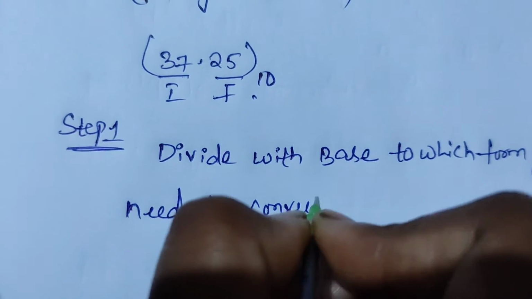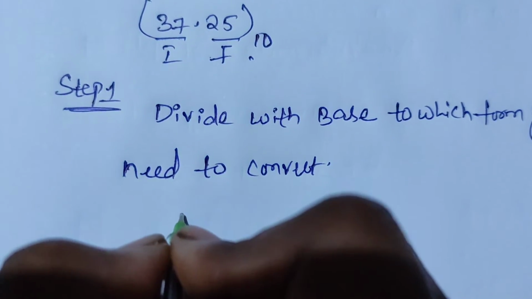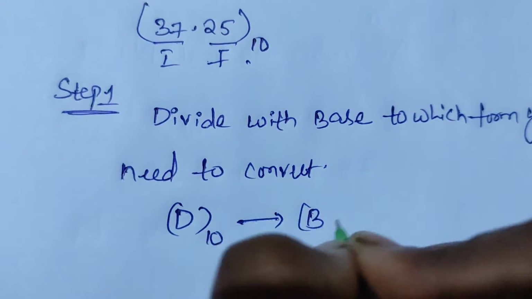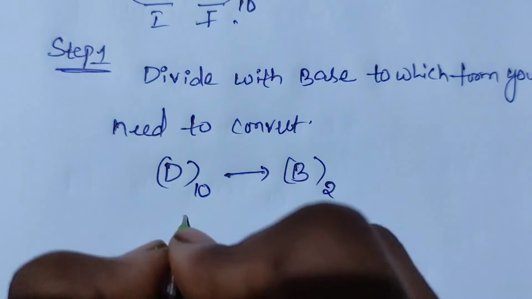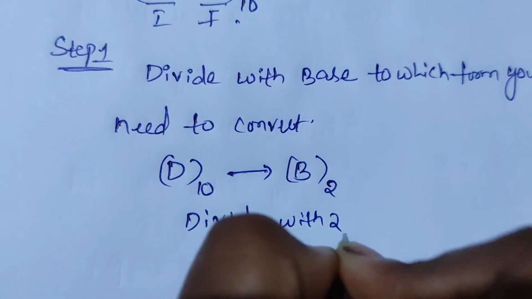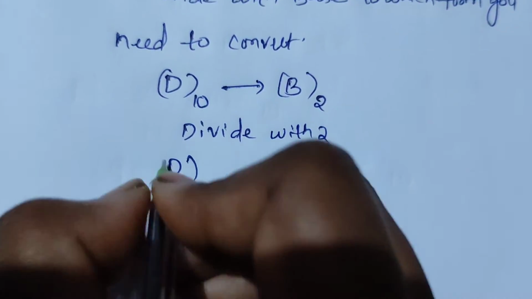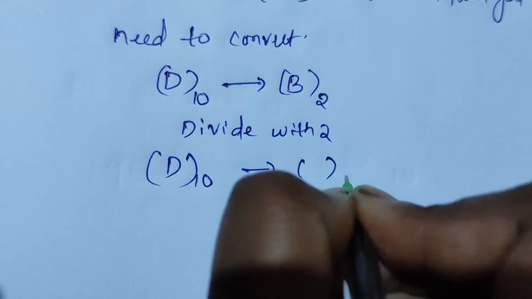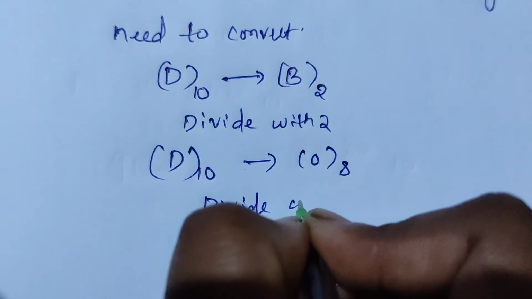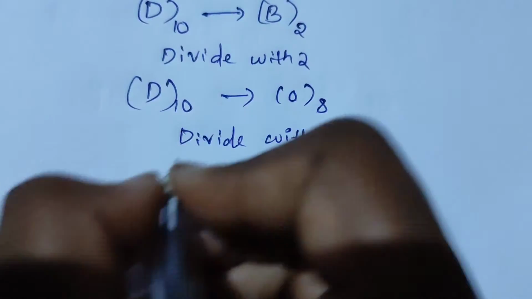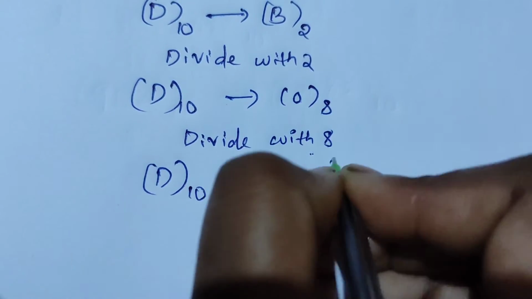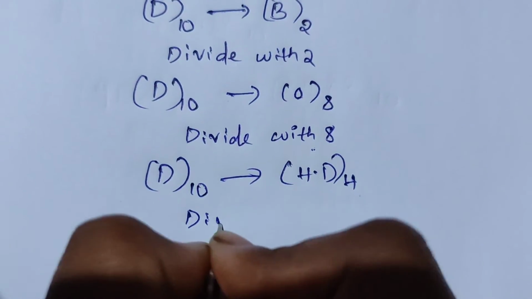That is, if decimal is to be converted to binary, divide with base 2. If decimal value is to be converted to octal, divide with 8. If decimal is to be converted into hexadecimal, divide with 16.